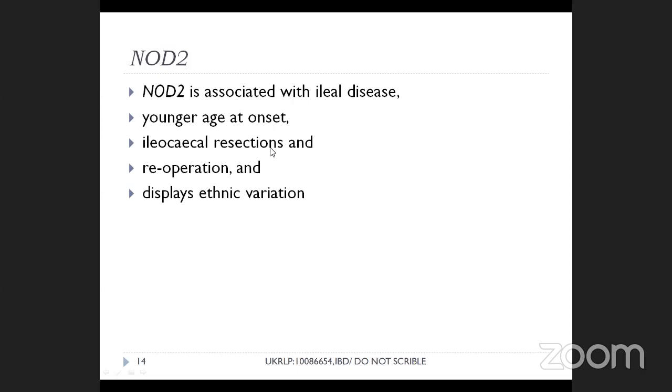When the patient goes for ileocecal resection, this NOD2 gene mutation has been identified. There is an increased risk of reoperation when these genes are found, and there is an ethnic variation in the NOD2 gene mutation.